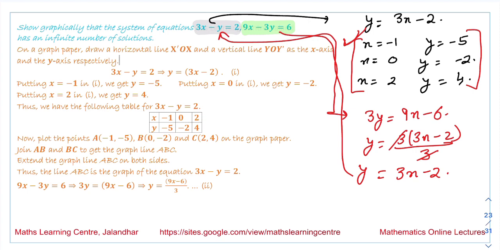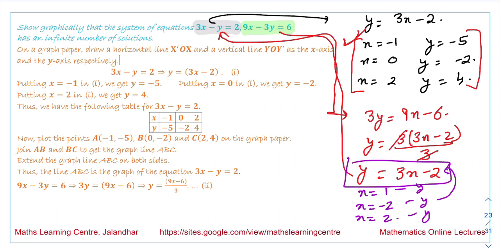But in place of this, suppose I am using the points x is equal to 1, minus 2 and 2, and I will obtain the values of y for these values. Both these equations are the same. These points are sufficient for both equations, but just for understanding purposes we are using these different points over here.